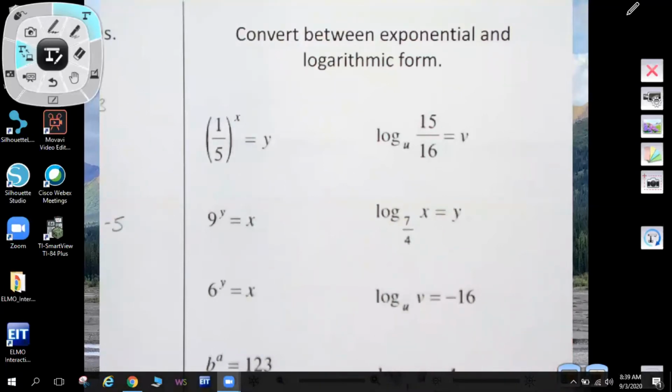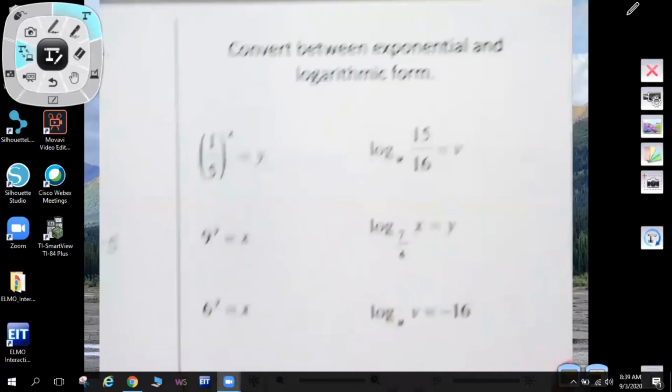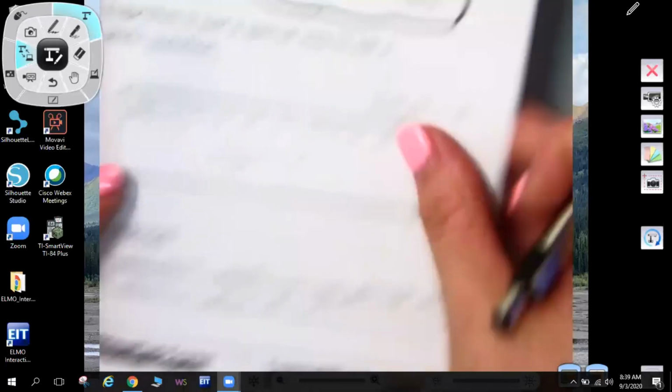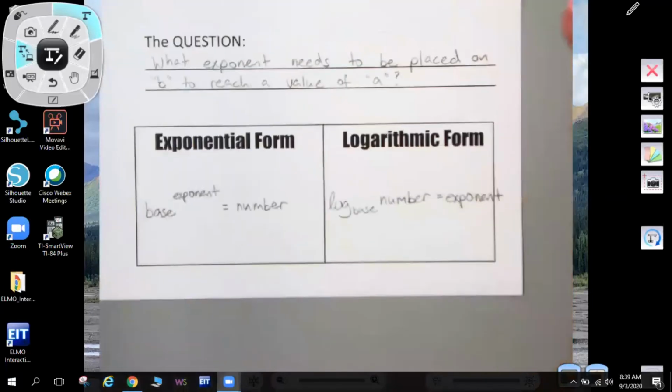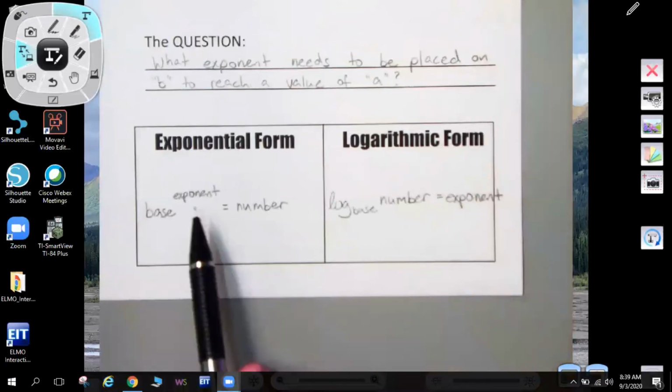Okay, so this is where what we wrote on the front page is going to come in handy, because both exponential and logarithmic form have the same parts. They're just written in a different order. So we are going to be switching from exponential to log form or from log to exponential form.